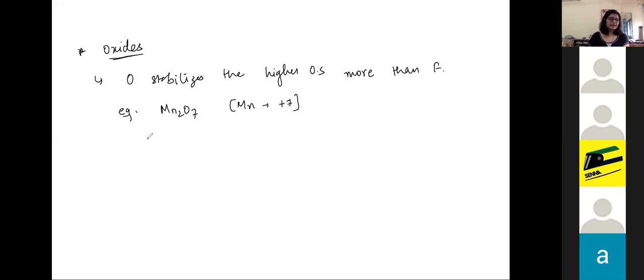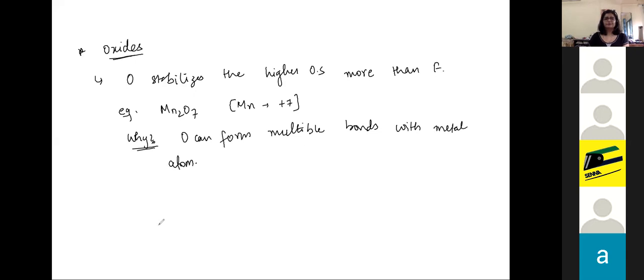The main reason is that oxygen is capable of forming multiple bonds with the metal atom. So again, why is oxygen better?